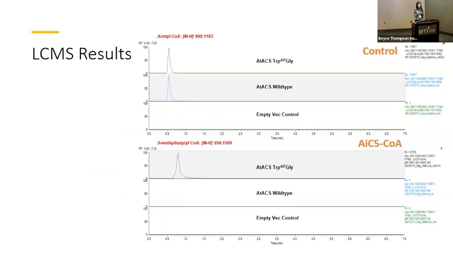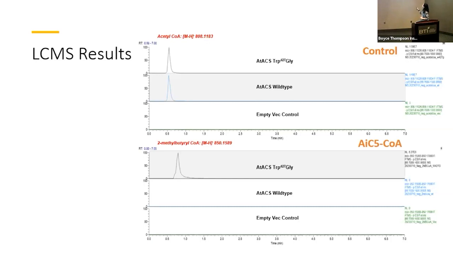So this is the liquid chromatography mass spectrometry result that we have. So you can see at the top, this is our control for normal acetyl-CoA unmodified, and it's present both in one of the mutants as well as the wild type. So we know that this works.